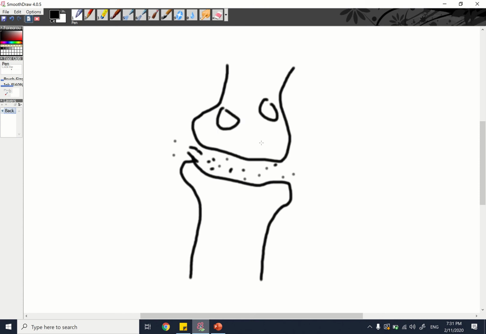So these come in little vesicles that contain neurotransmitters and they get released into the synaptic cleft. And these neurotransmitters are detected by the receptors on the next neuron. And it signals the neuron to keep transmitting the same message.